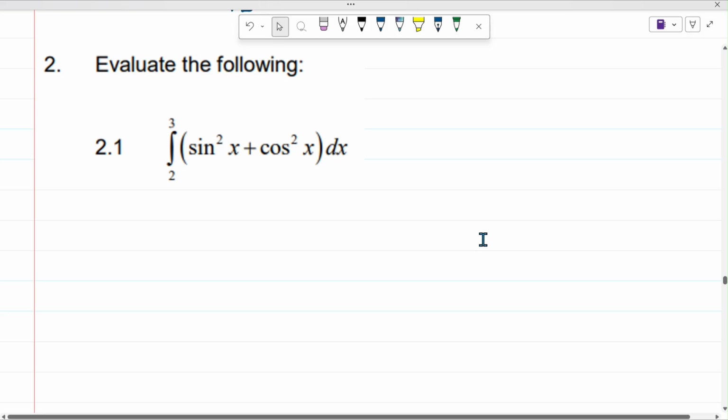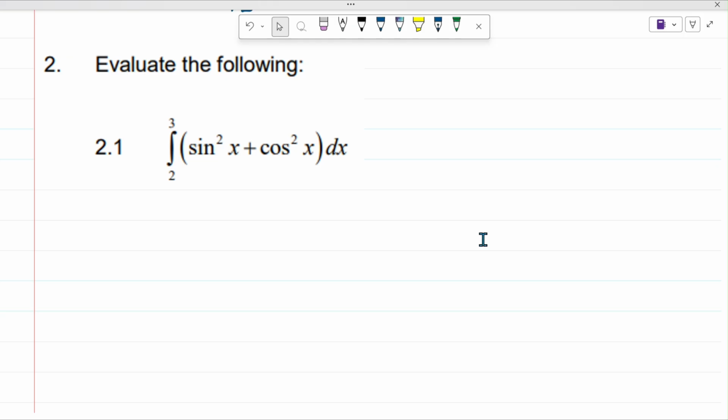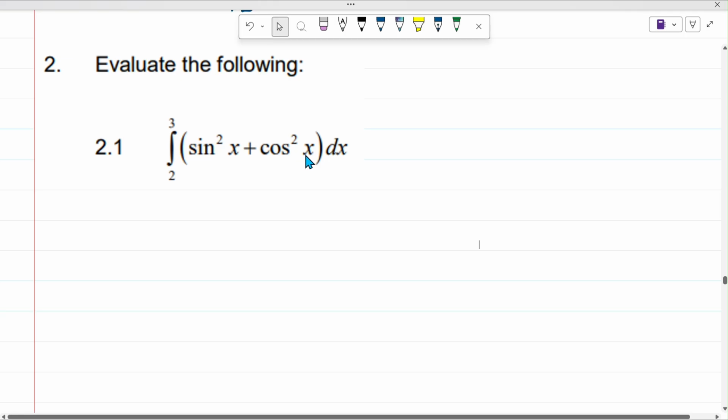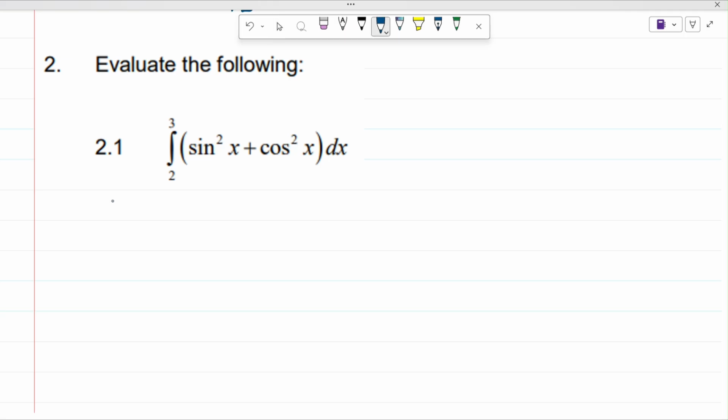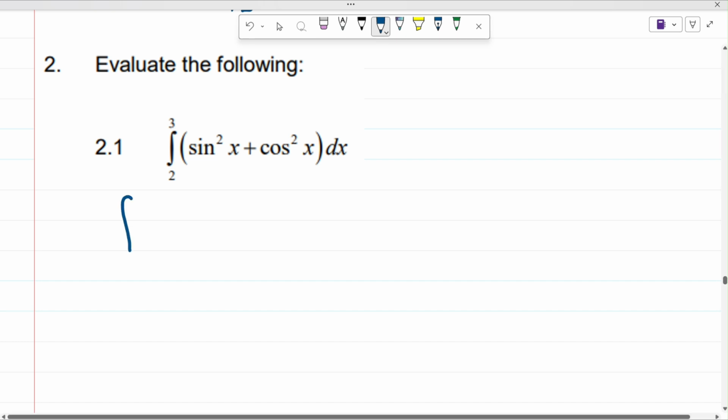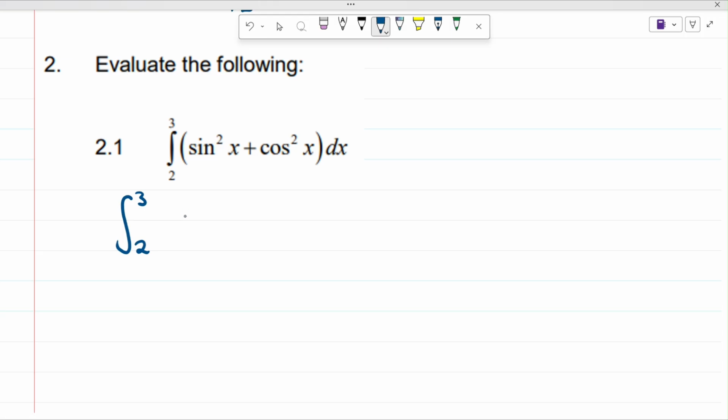As for this case, we're given sine squared plus cos squared, so to simplify this we can make use of our square identities, because we know that sine squared plus cos squared is equivalent to 1, meaning that we can rewrite this definite integral in the following manner. We can just say 1 and then dx. Makes sense, right?